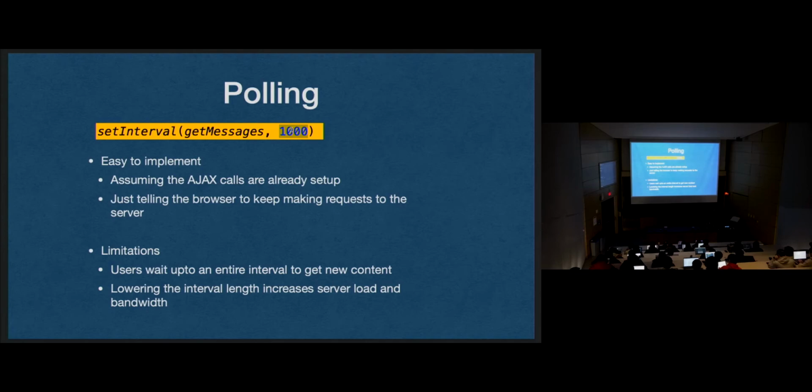I don't know. It's a long time. But it is easy to implement. It's literally this. You just call the built-in set interval and it just fires off the requests, assuming you implement get messages to fire off the AJAX requests and render the response to the page. But very limited, very bad.